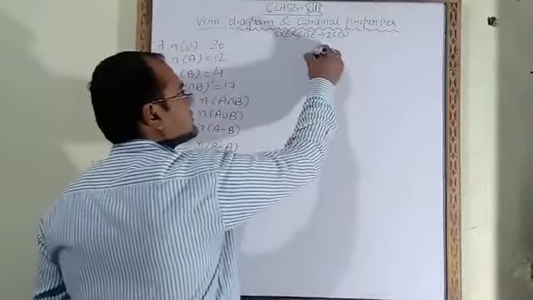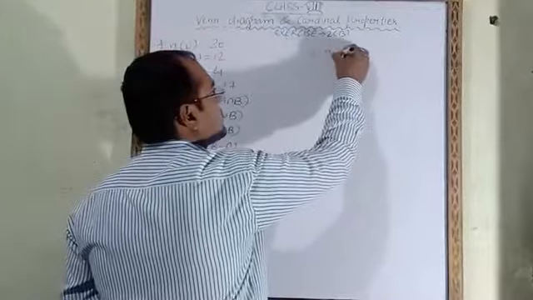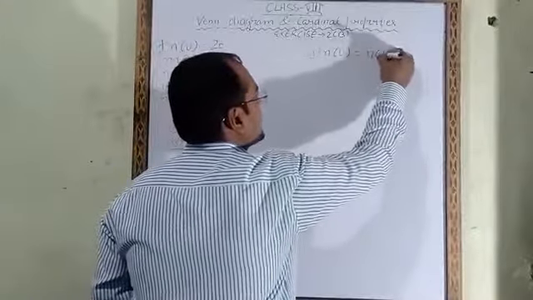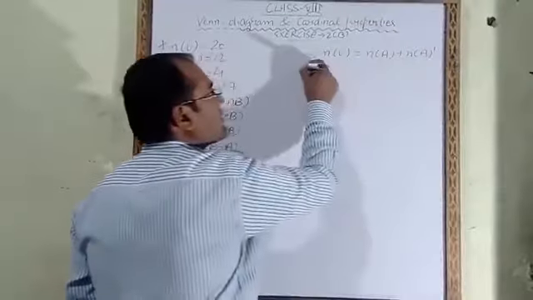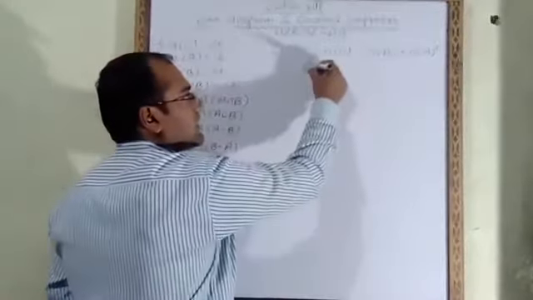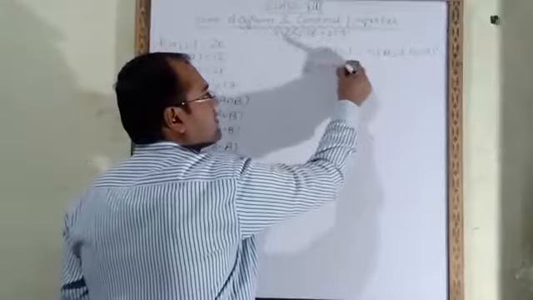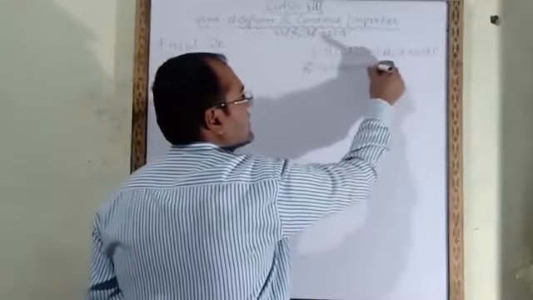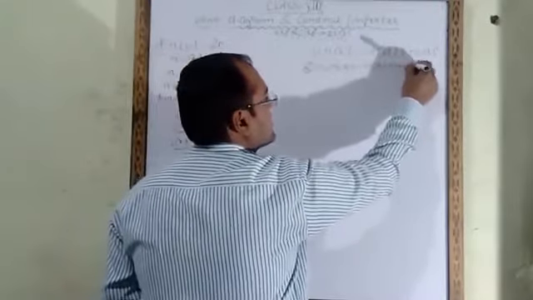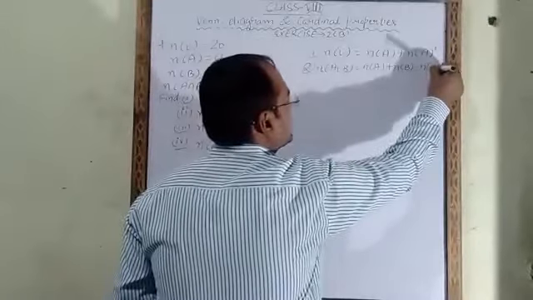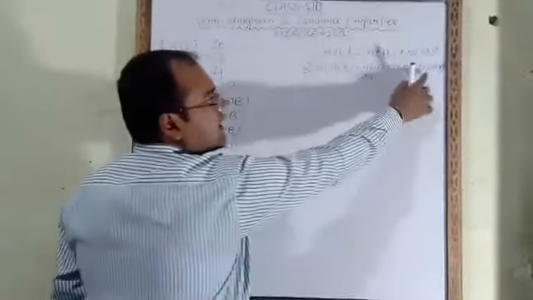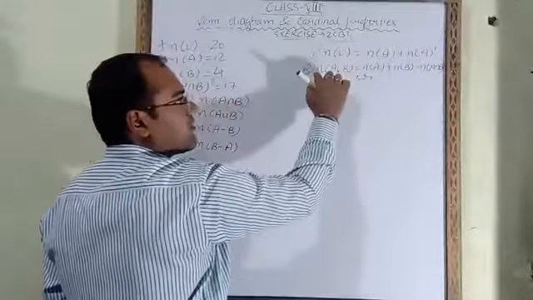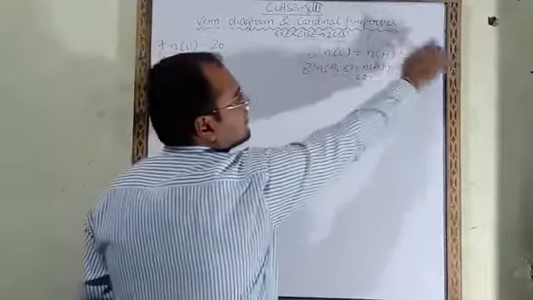First formula is n(U) is equal to n(A) plus n(A dash), or A complement. This is the first formula. Second formula is n(A union B) is equal to n(A) plus n(B) minus n(A intersection B). Or, minus n(A intersection B) we will bring to the left side and this number we will bring to the right side.